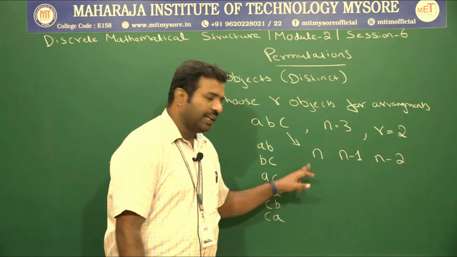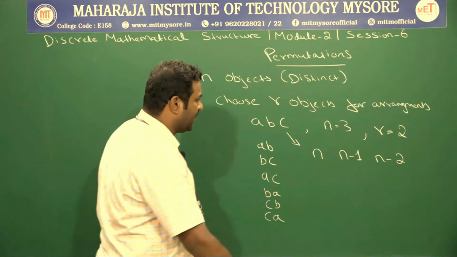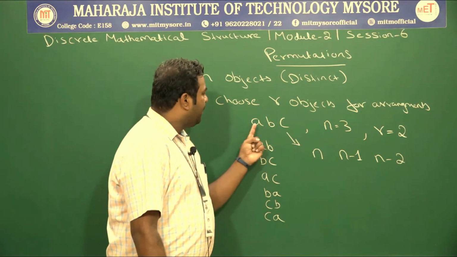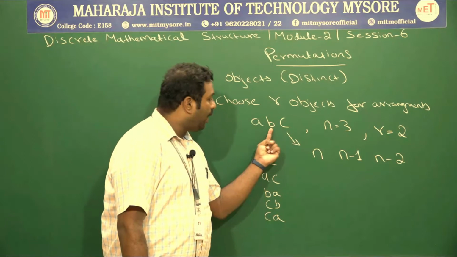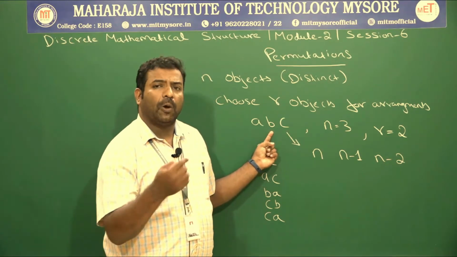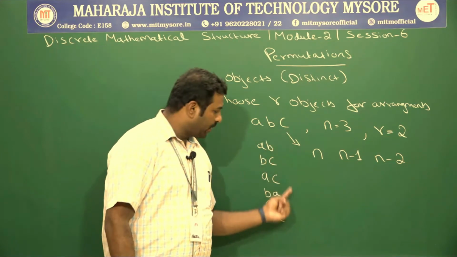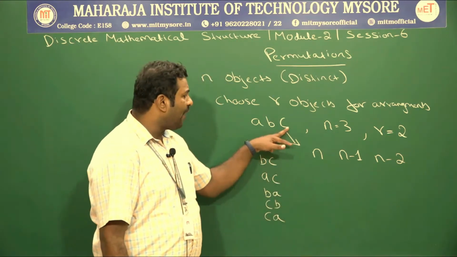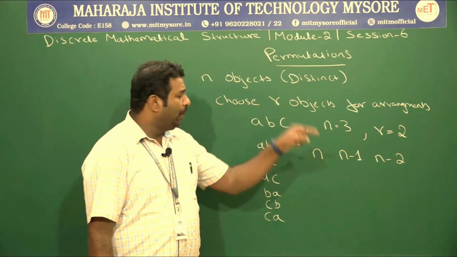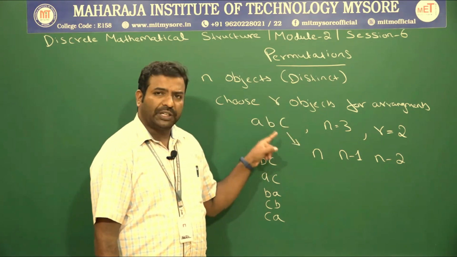So now in general, if I am going to write this, after picking the first object, I need to pick the second object along with this. I need to pick the third object if I am picking. Right now I am not doing that, but if I try to pick it, I need to pick along with this object again.